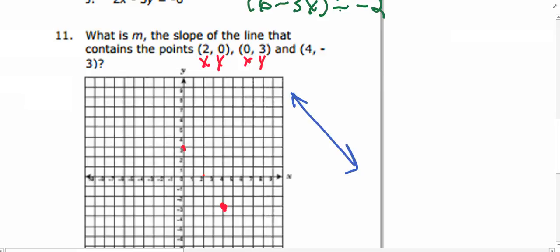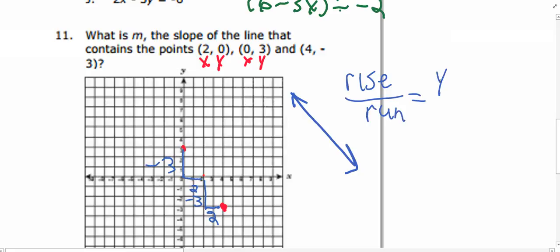So let's just count them up here. So to get from the first point, we would go down 3 and over 2. If we go to the next red dot, we go down 3 and over 2. Down is negative, to the right is positive. So the slope, remember, is defined as rise over run.